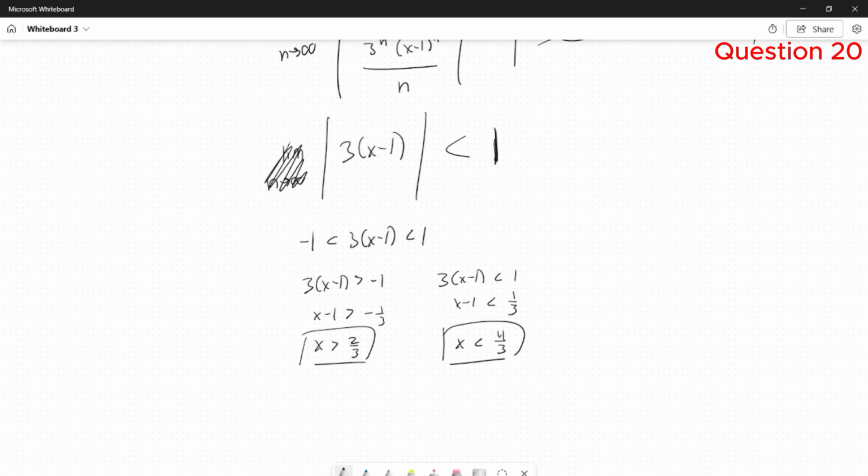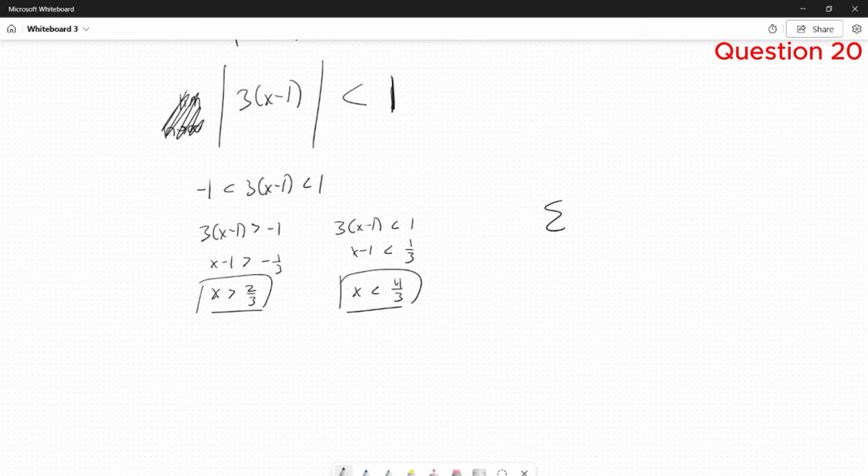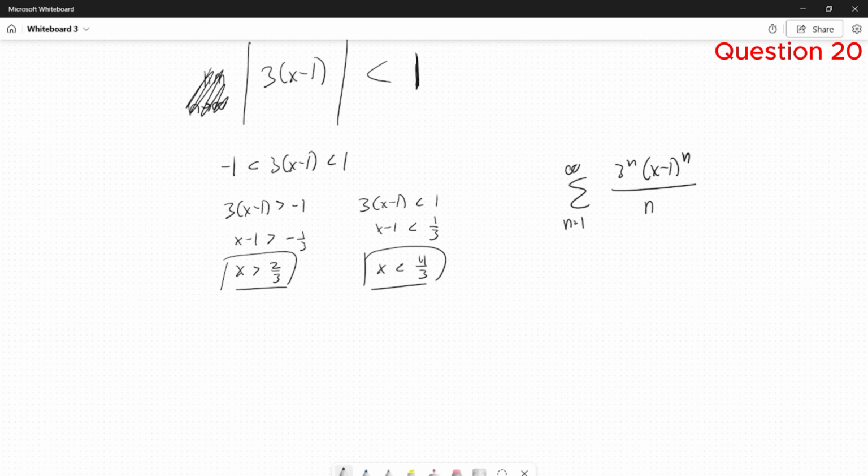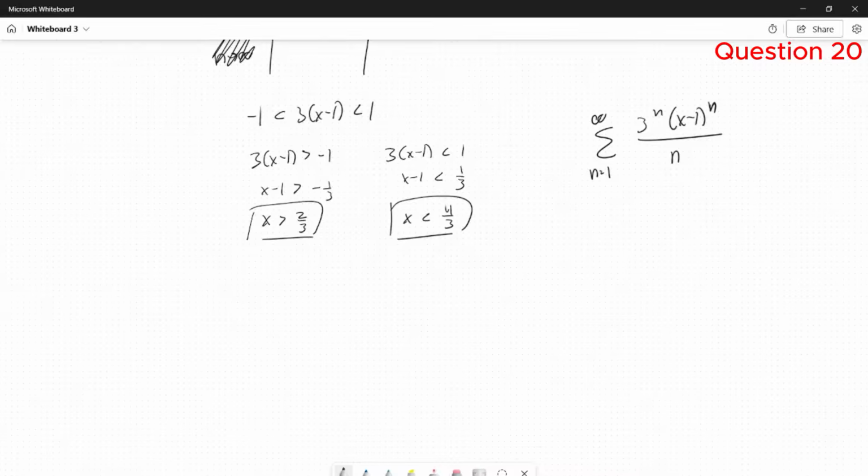I'm going to bring the series down here so we have a recollection of what the series is. We have to plug in our x for either 2/3 or 4/3 and see which of these produces a convergent series. We'll start with 2/3.